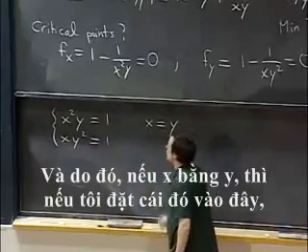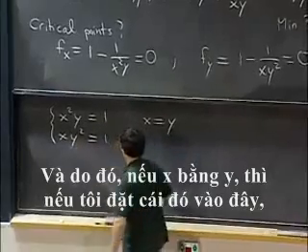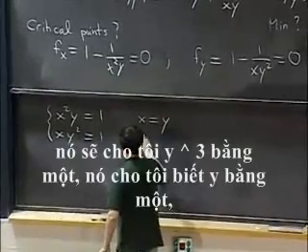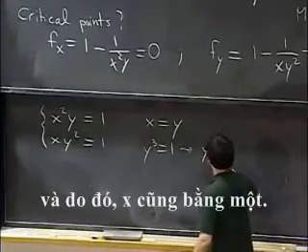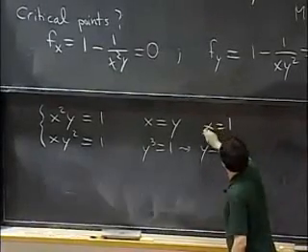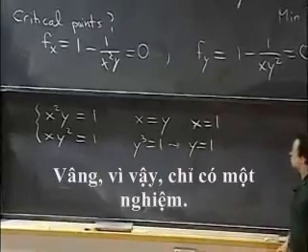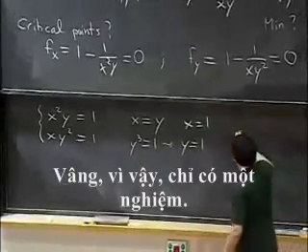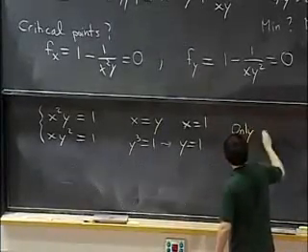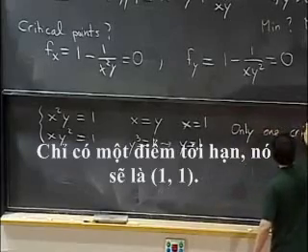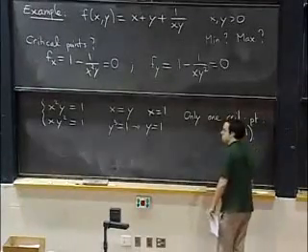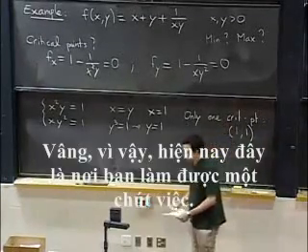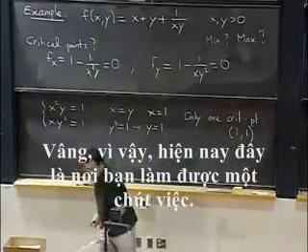And then if x equals y, then if I put that into here, it will give me y cubed equals 1, which tells me y equals 1, and therefore x equals 1 as well. Okay, so there's only one solution. There's only one critical point, which is going to be 1, 1.